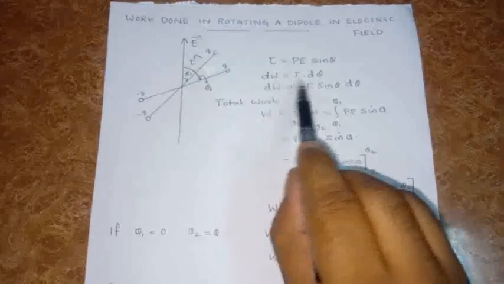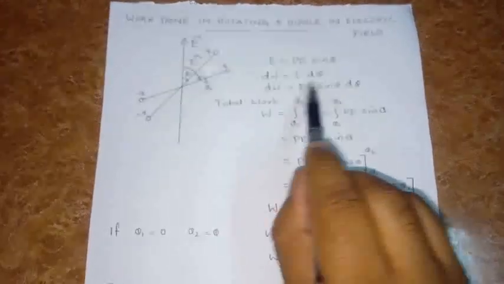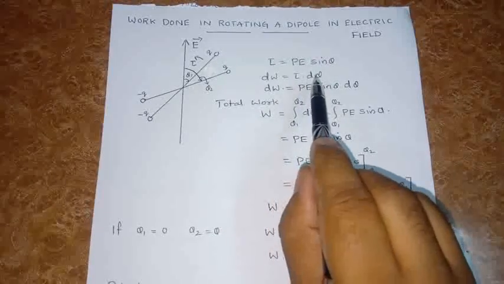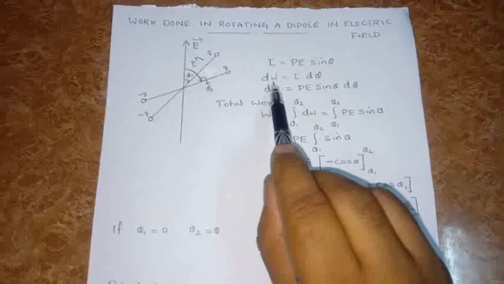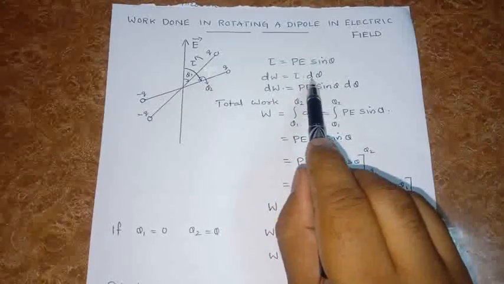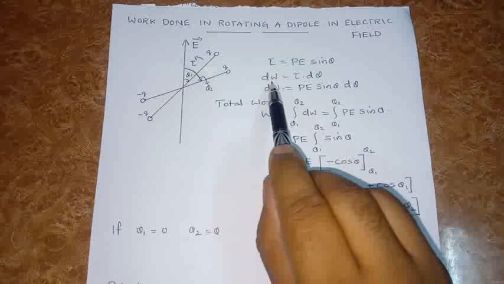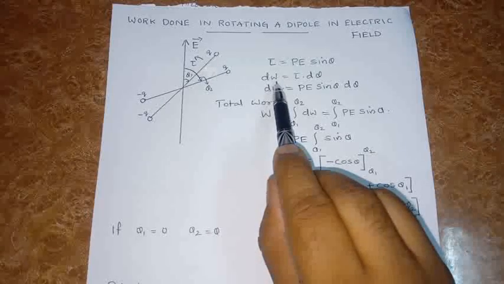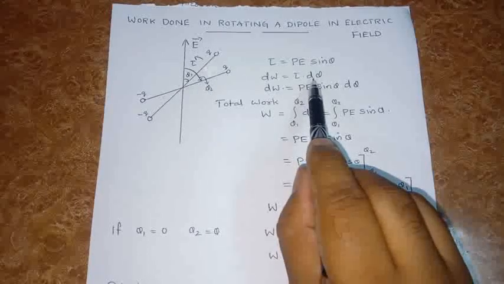Therefore, this equation is the rotational analog of the translational equation, work done is equal to force into linear displacement. Here it is work done is equal to torque into angular displacement. So this equation gives the small amount of work done by the external agent to turn the dipole through a small angle d theta.